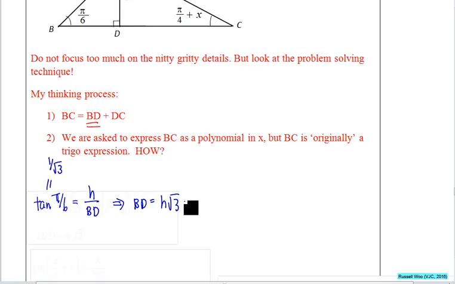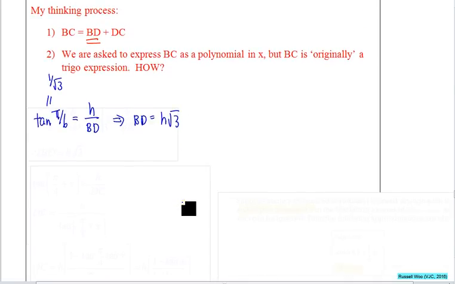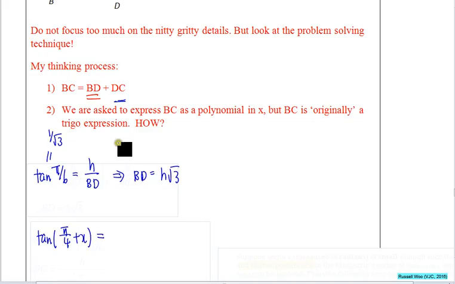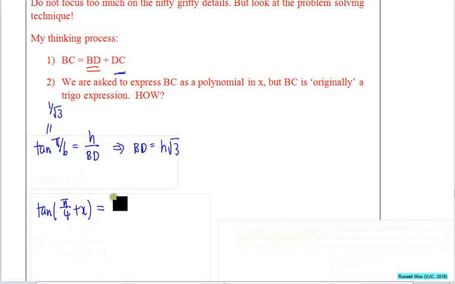Got it? Now, the difficult one is DC. But we can still use tangent, because tangent of pi over 4 plus x must be equal to h over DC.